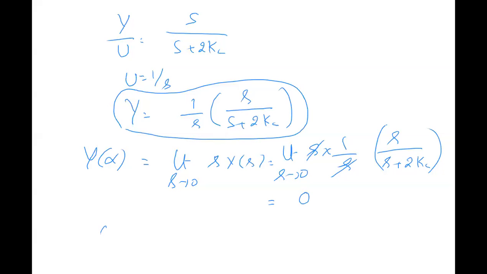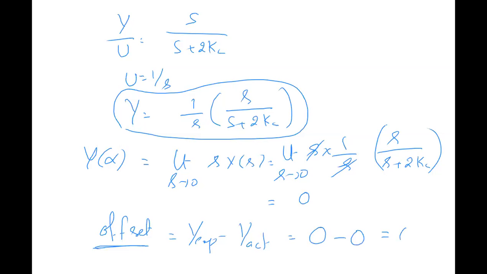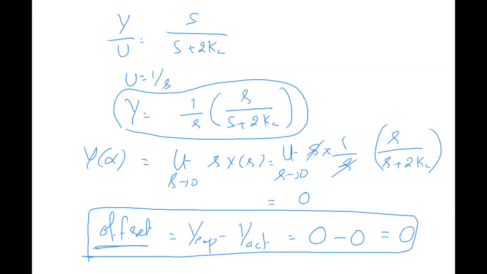So what is the offset? When there is a change in the load, what is your Y expectation minus what is Y actual? Your expectation is 0. Your reality is also 0. So the offset is 0, because your expectation for changes in the load is 0.